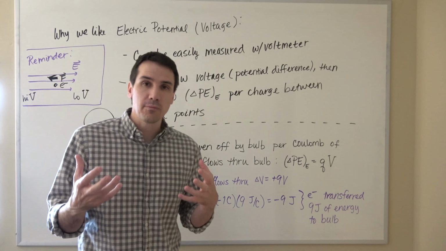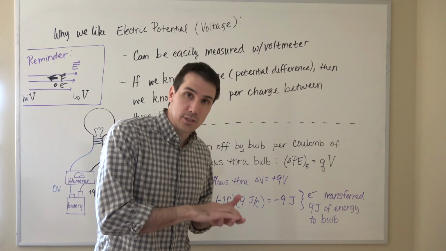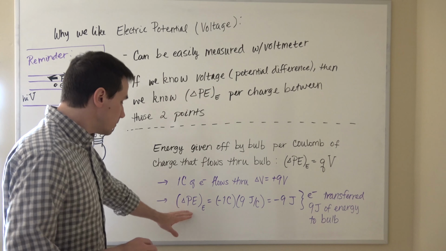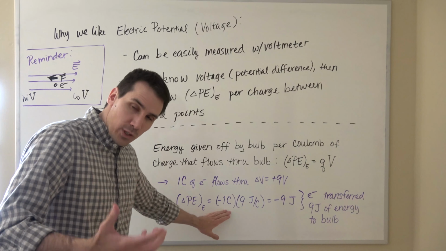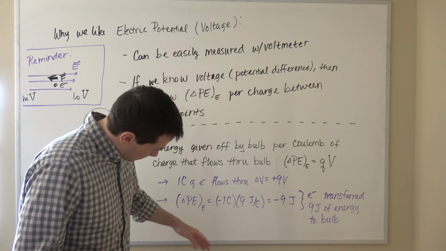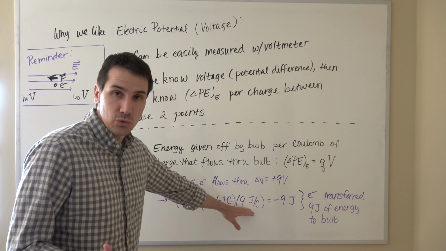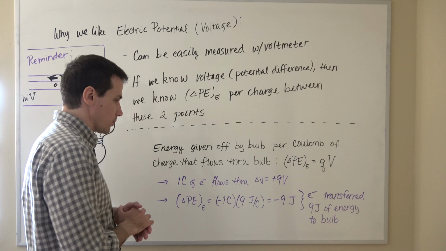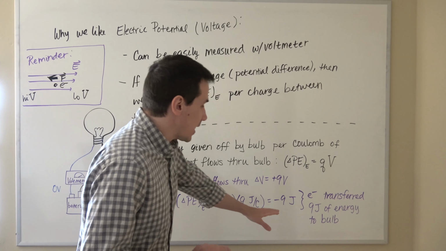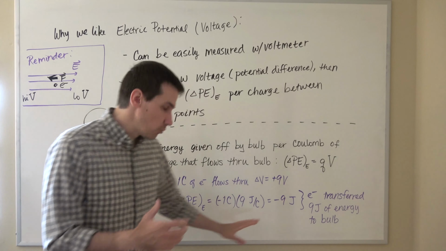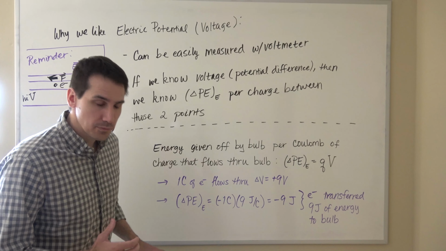We can figure out how much potential energy they lose in doing that. So we have negative 1 coulomb of charge because it's electrons. They are passing through a positive 9 volt or 9 joule per coulomb electric potential difference, meaning that they lose 9 joules of potential energy.